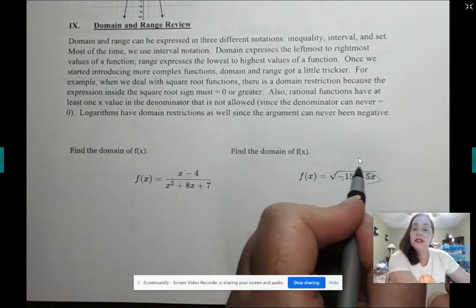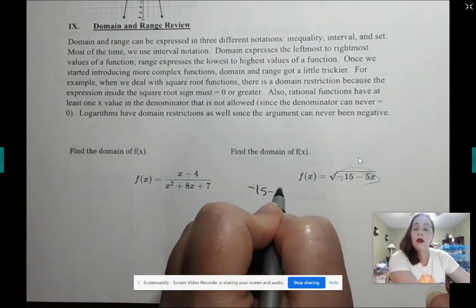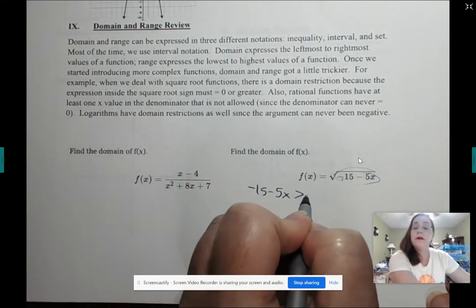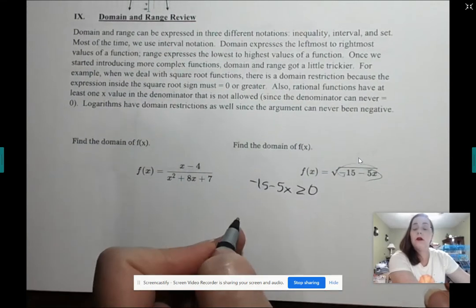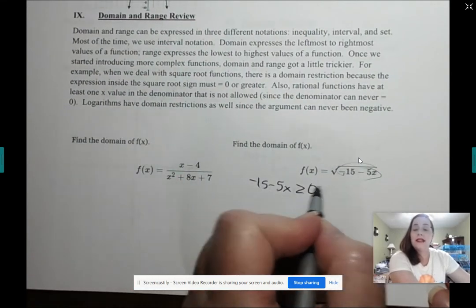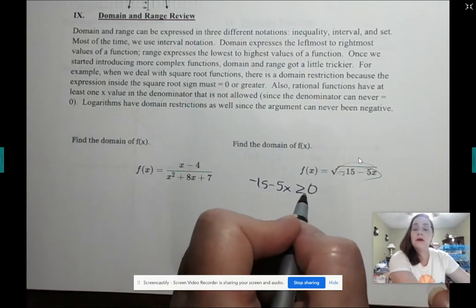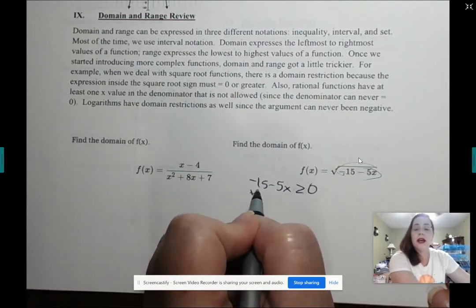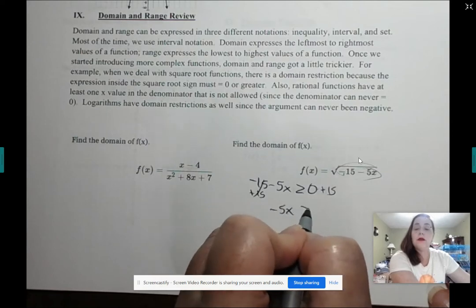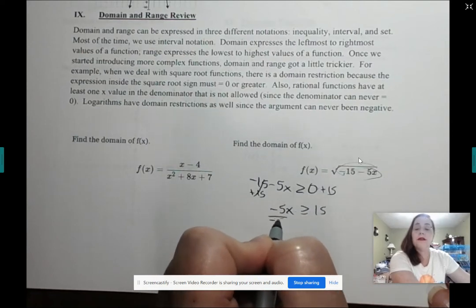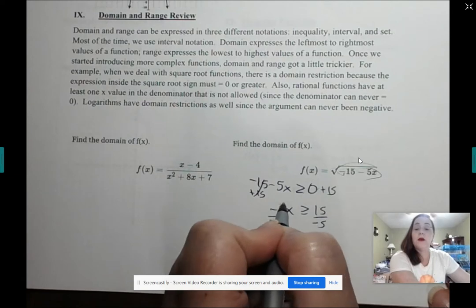Well, we need to set up an inequality that keeps it above or equal to 0. So you can take what's inside of the square root, put that in an inequality and solve for x. Keeping in mind that if at any point we divide by a negative, we have to remember to flip the inequality.